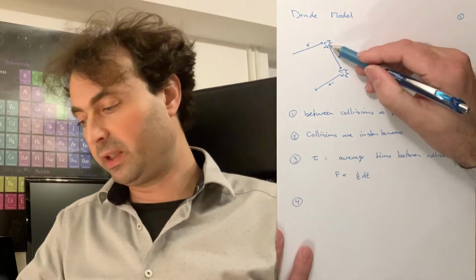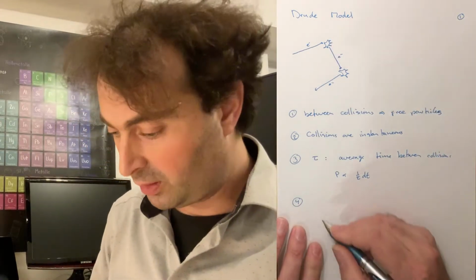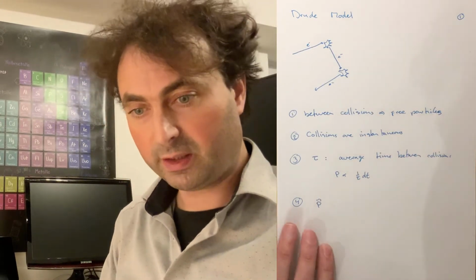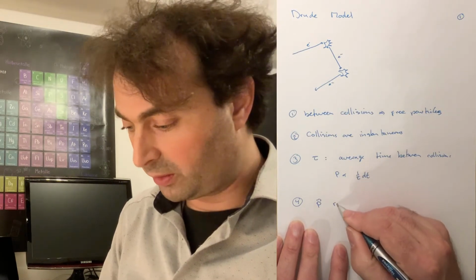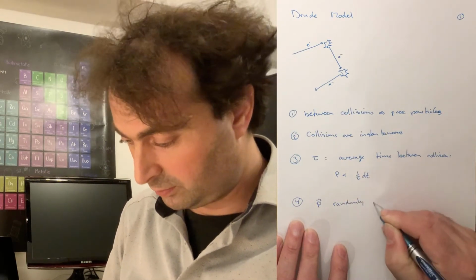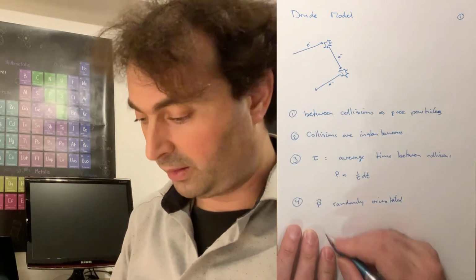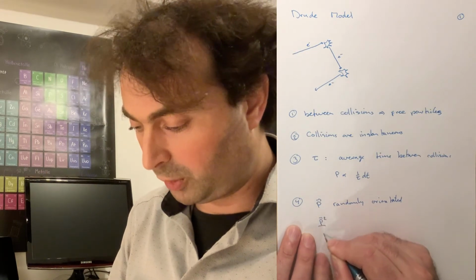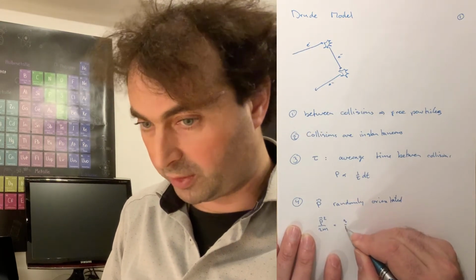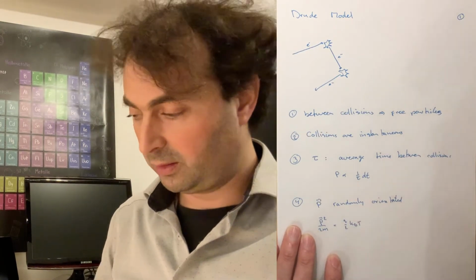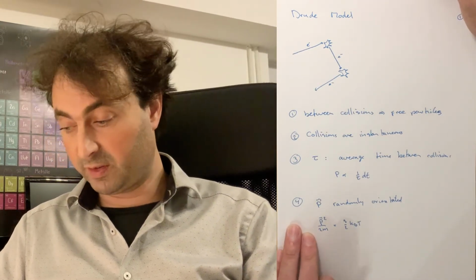Then we have a scattering event which changes the momentum of your electrons. And we say that after a scattering event, the impulse after a collision is randomly orientated and has a total momentum such that the kinetic energy is given by what you would expect in the Maxwell equations for the kinetic gas law, 3/2 kT.